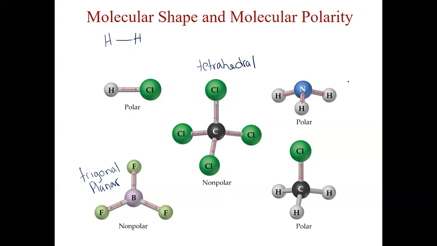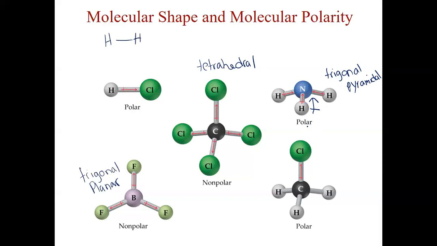And then in NH3, this is trigonal pyramidal. And you can see that each bond dipole is pointing towards the nitrogen atom. And so your overall dipole moment is going to be pointing towards the nitrogen.